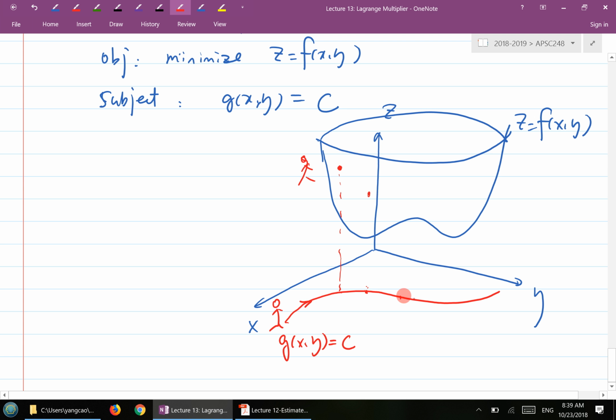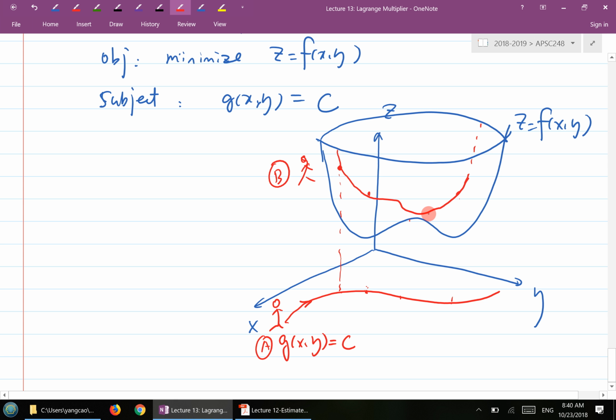If you plot it out, there will be a certain curve, just illustrating here, using the red one. You can plot it out along that surface there. So this is person A's trajectory, and this is person B's trajectory, but that's going to be on the surface z equal to f of xy.